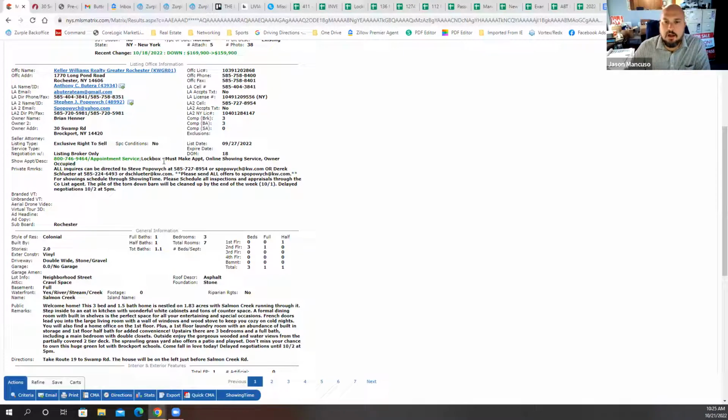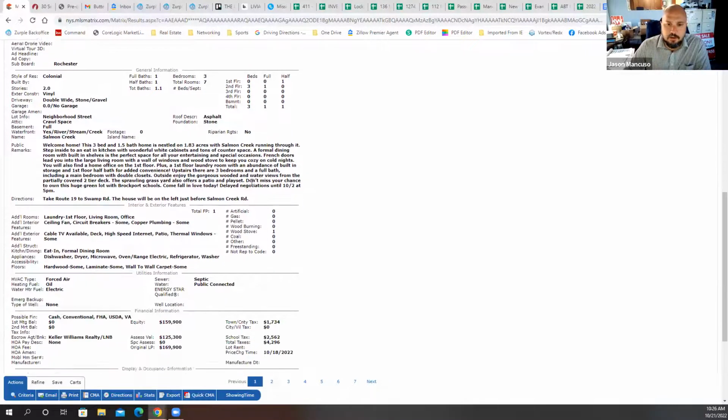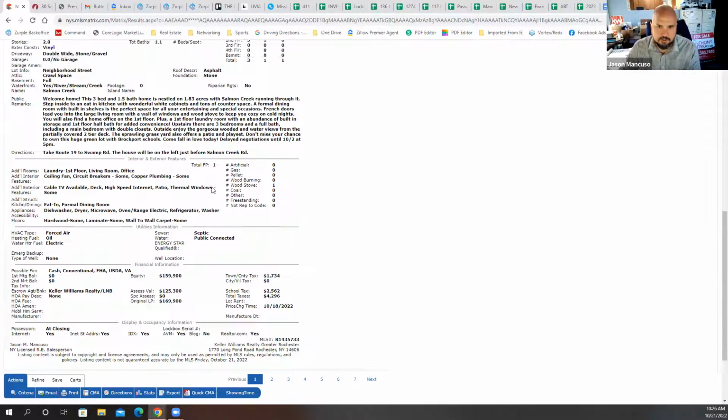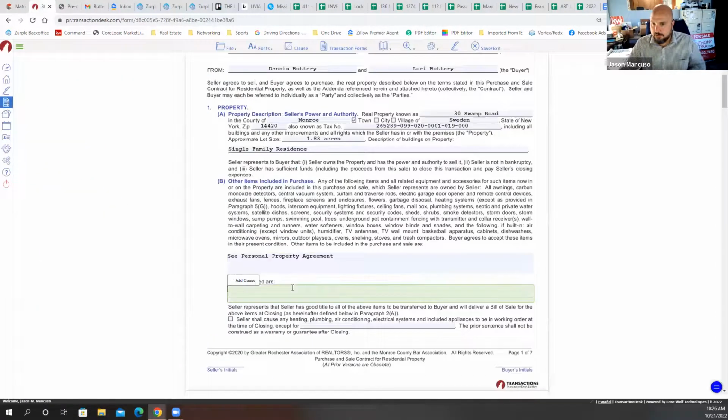So you're going to want to make sure that nothing is stated that the seller's taking it with them and it's not going to be included with the sale. And you'll get that here, and you also get it from the appliances. Appliances included here, they've got all the normal appliances: fridge, stove, washer, dryer, dishwasher, microwave. So it doesn't sound like anything's excluded here. So we're going to go just a simple NA.